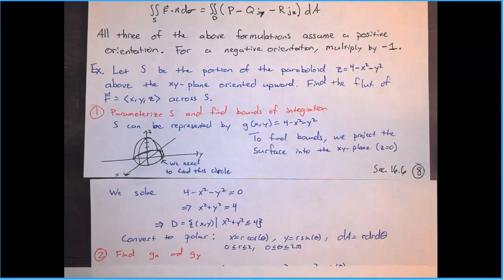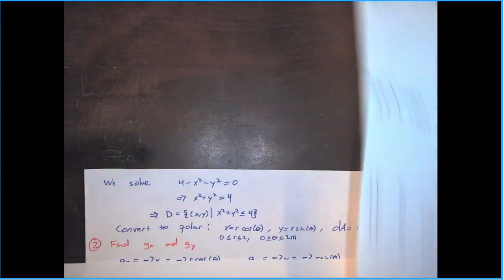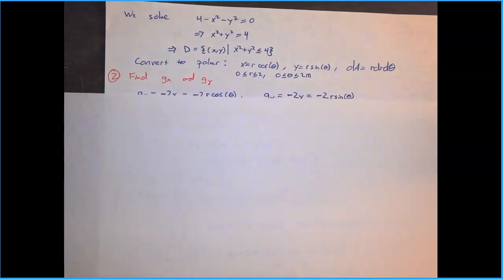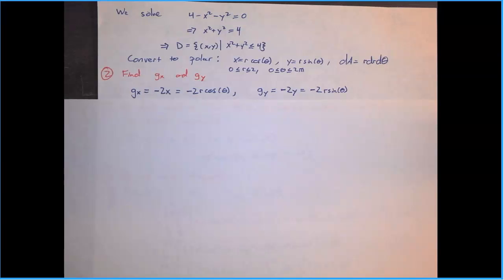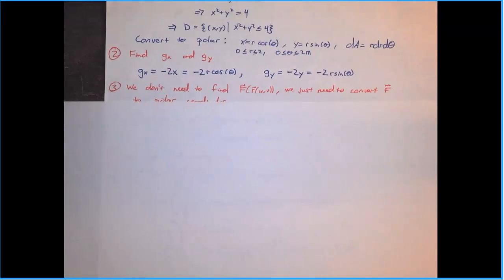Okay, moving on. I need to find the partial derivatives of the function representing my surface. So that was just 4 minus x squared minus y squared. So the partial derivative with respect to x is negative 2x, which when I convert to polar is negative 2r cosine theta. The partial derivative with respect to y is negative 2y, which when I convert to polar is negative 2r sine theta. I need to look at my vector field on the surface.